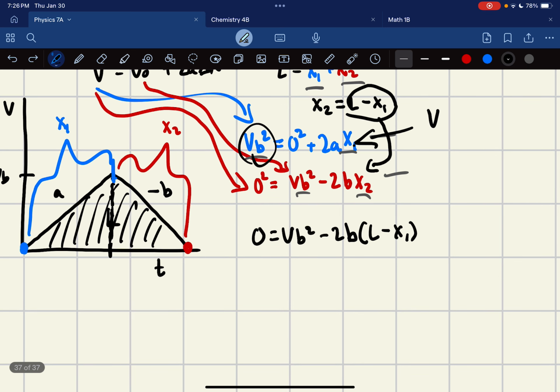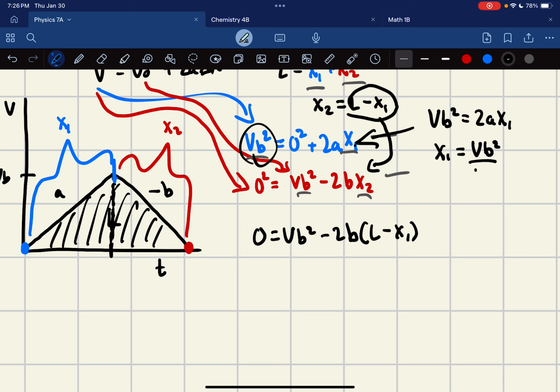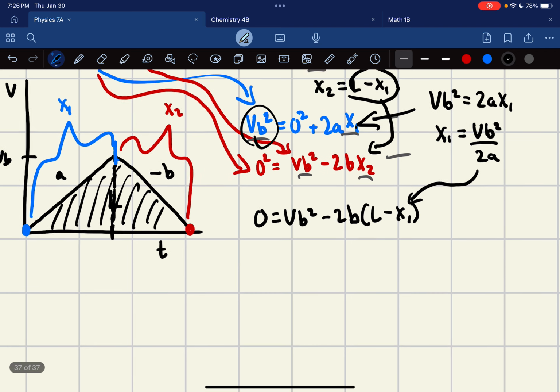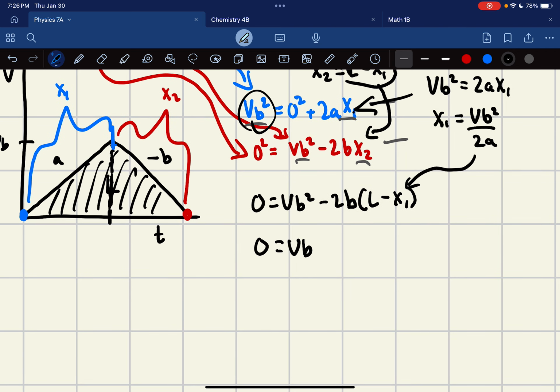Taking our blue equation, VB squared equals 2ax1, solving for x1 gives us x1 equals VB squared over 2a. Now when we plug this in, we get 0 equals VB squared minus 2B times L minus VB squared over 2a. I'll draw the b a little smaller so I don't confuse it with the other b.